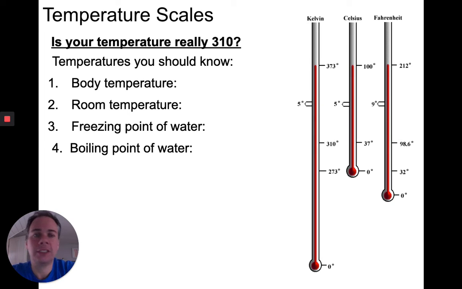Most countries, if you travel around the world, use Celsius as their typical temperature that they use for weather reports and things like that. For us, sometimes it's hard to relate to the Celsius scale because most of us have grown up always thinking about temperature in the Fahrenheit scale. We sort of relate to that.